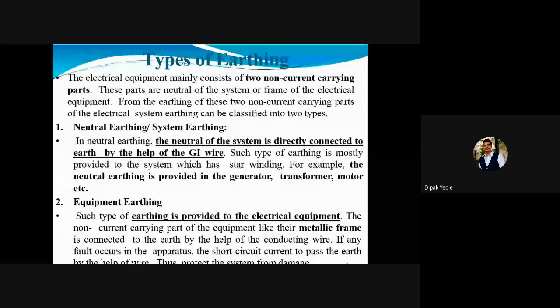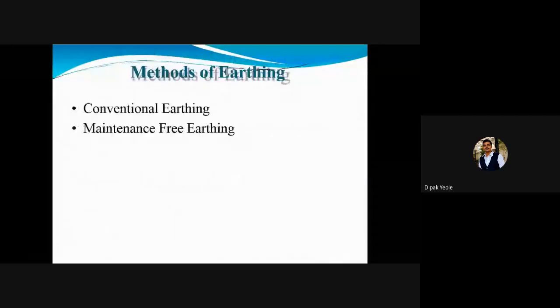Yes. Now we will go ahead. There are methods available. So first we have seen the types. Now we are interested in the methods. Methods means the way of doing the earthing. Yes. So first is conventional earthing and the second is maintenance free earthing.